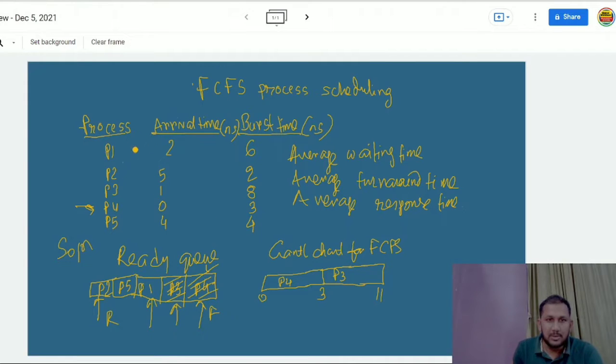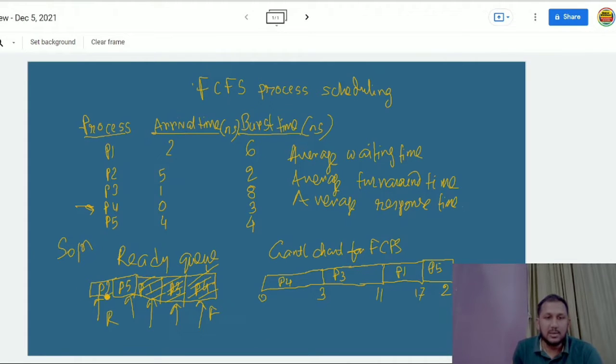Now the burst time of P1 is 6, and the total time is 17 here. Now P1 is executed and it finishes its execution. Next is P5, the burst time of P5 is 4, that makes 21.